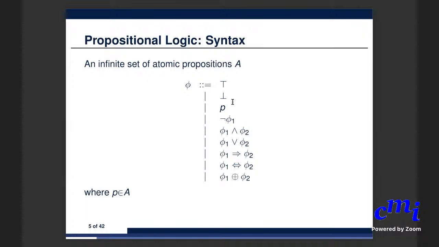Because you could have a logic in which there are no constant symbols, but I'm starting by defining the logic to include constant symbols for true and false. So P is a propositional variable. I call it a propositional variable because in propositional logic, every variable can only take one of these two values, true or false.